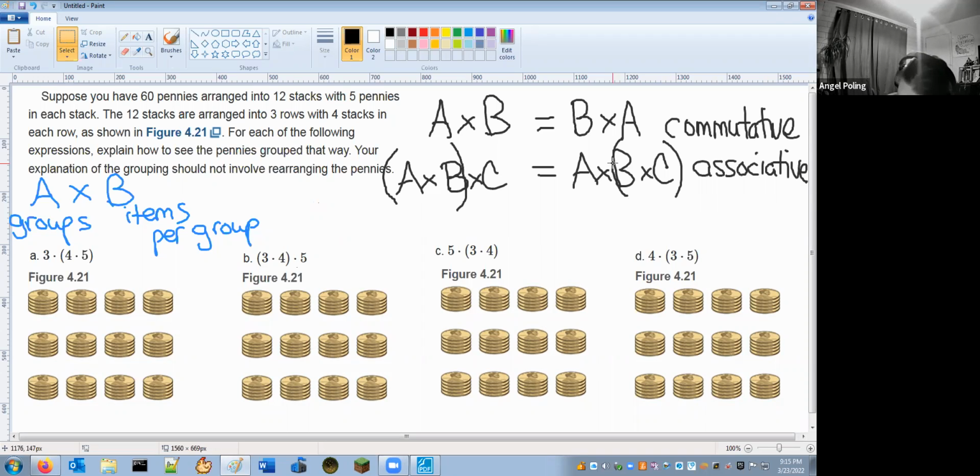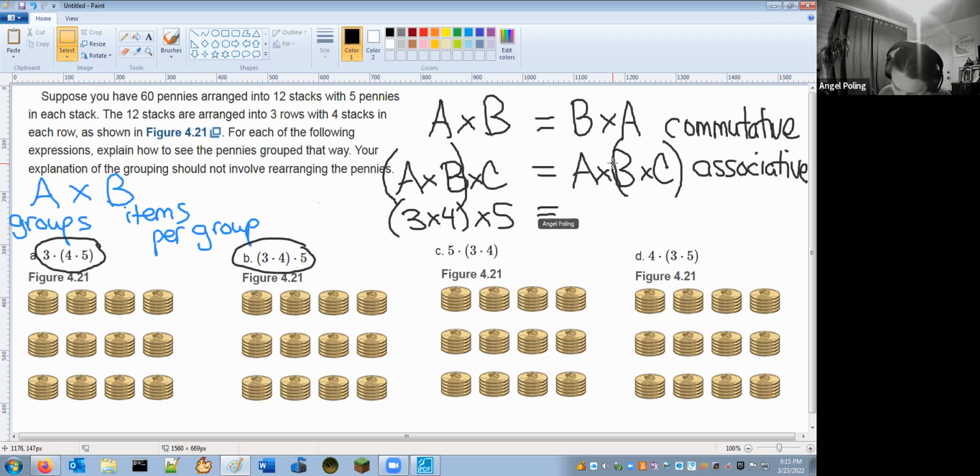But let's see. We've got 3, 4, 5 for A and 3, 4, 5 for B. So let's look at that. That one on number B is written 3 times 4 in parentheses times 5. And on A, it's written 3 times 4 times 5.